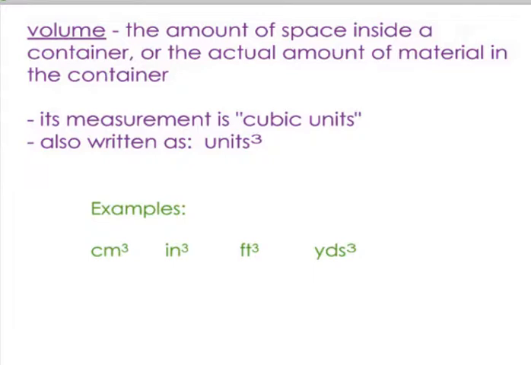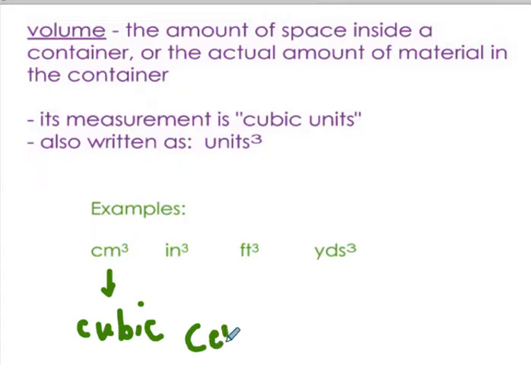Volume has a measurement that we call cubic units, which is also written as units to the third power or units cubed. And here are some examples here at the bottom. Centimeters cubed, which can also be written as cubic centimeters.